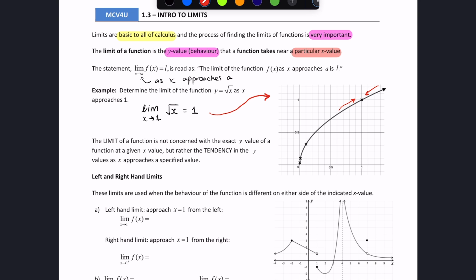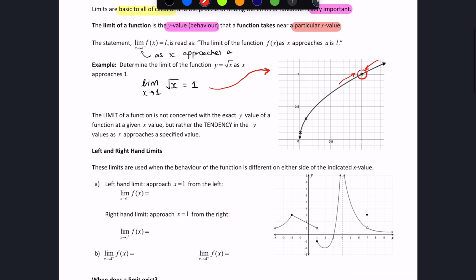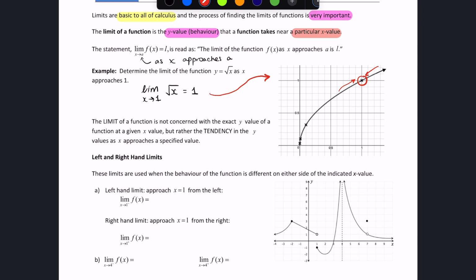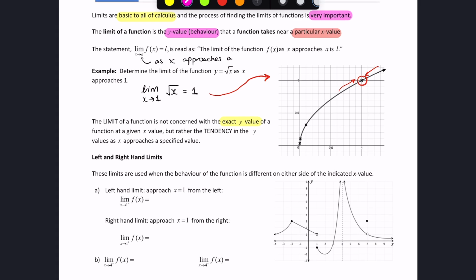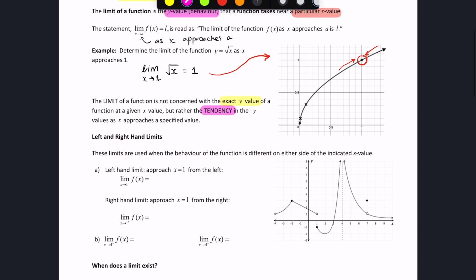As we see here, when we approach from both sides, as x approaches from the left side or right side, it touches 1. So the limit of a function is not concerned with the exact y value of a function at a given x value, but rather the tendency in the y values as x approaches a specific value.